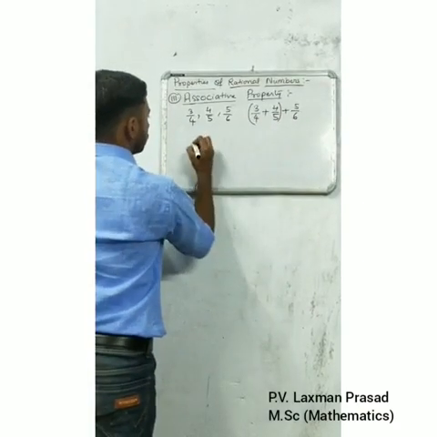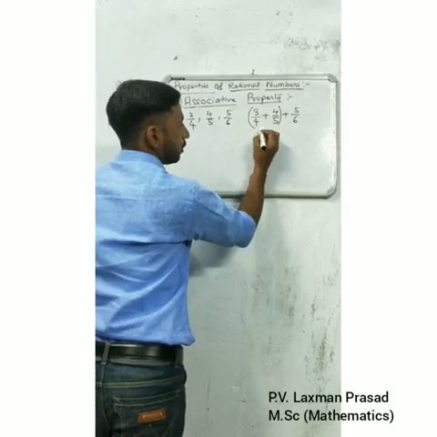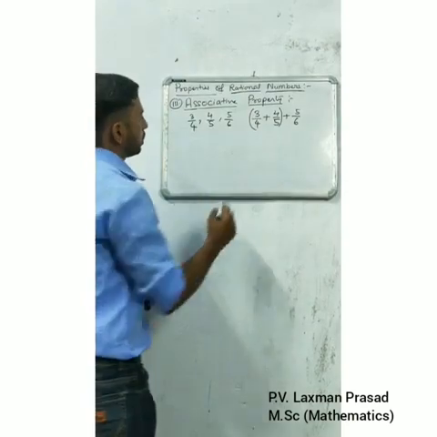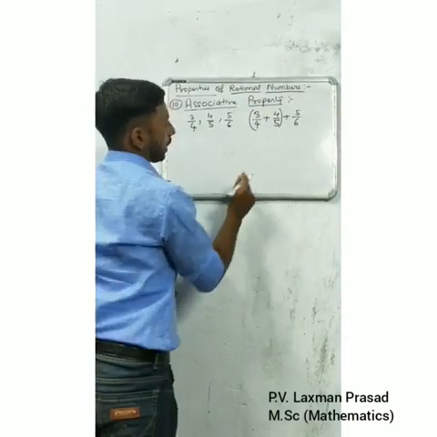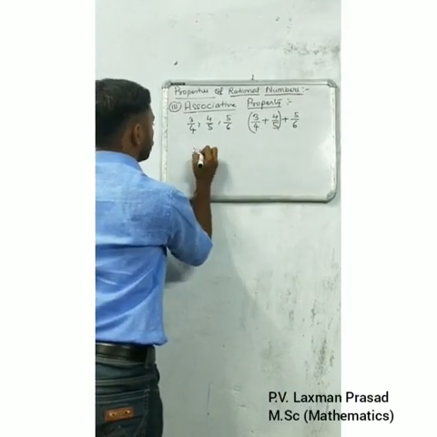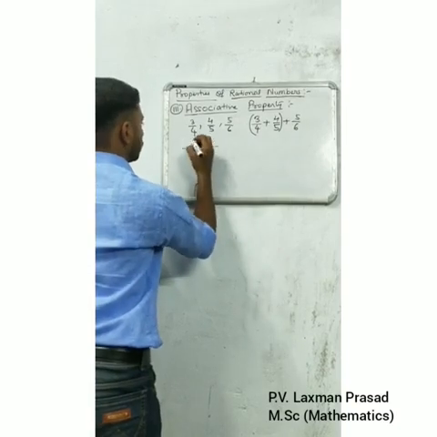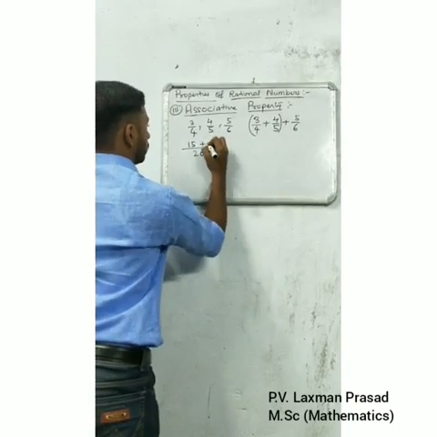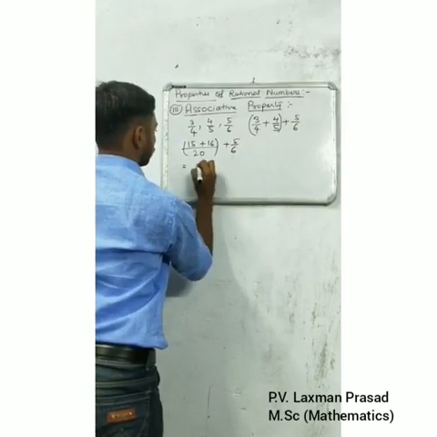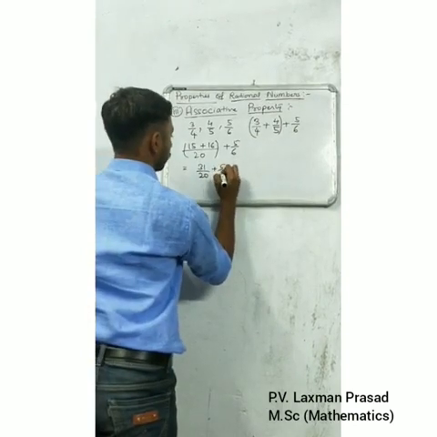Here we are finding the LCM of 4 and 5 because we have studied BODMAS in our lower classes, which says that the bracket part should be solved first. So the LCM of 4 and 5 is obviously 20. Just take the LCM, just add them. It's 31 by 20 plus 5 by 6.